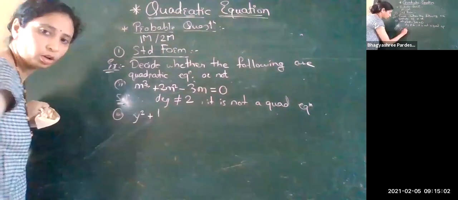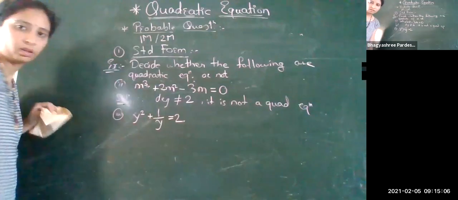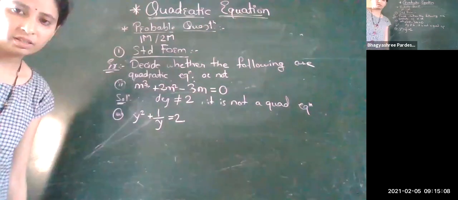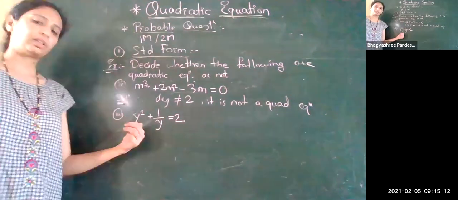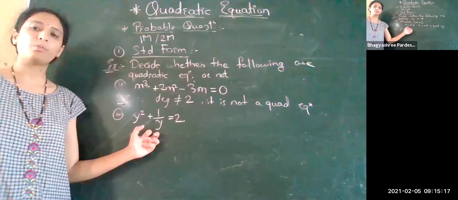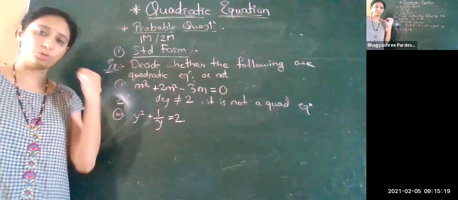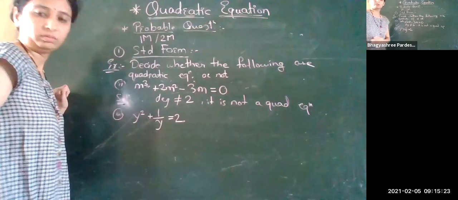Mute yourself. Who's this? Yes, Norman, please mute yourself. Now look at the next example: y square plus 1 upon y is equal to 2. Again, what happened here? Who wants to answer this question?